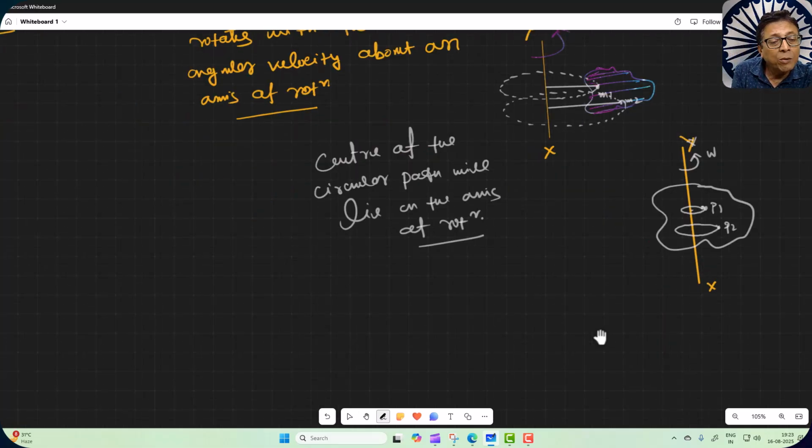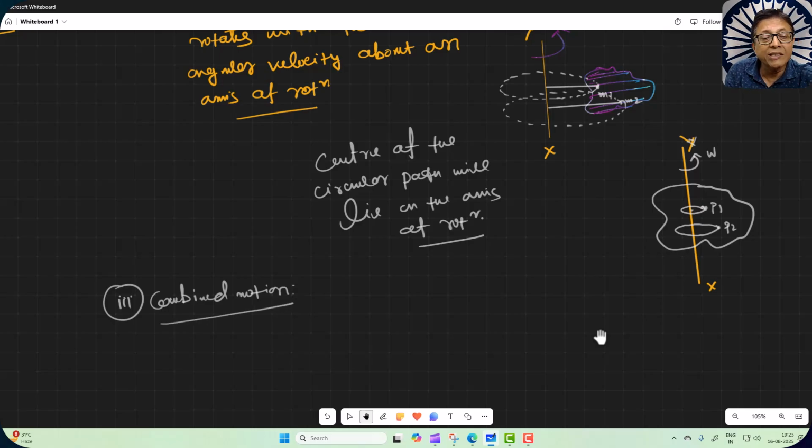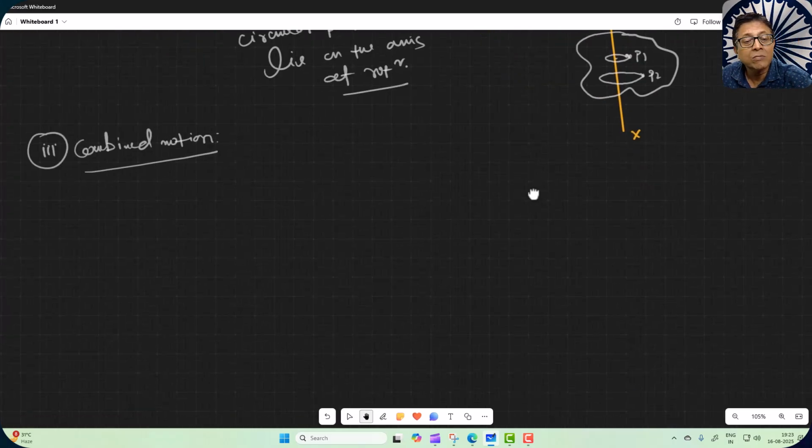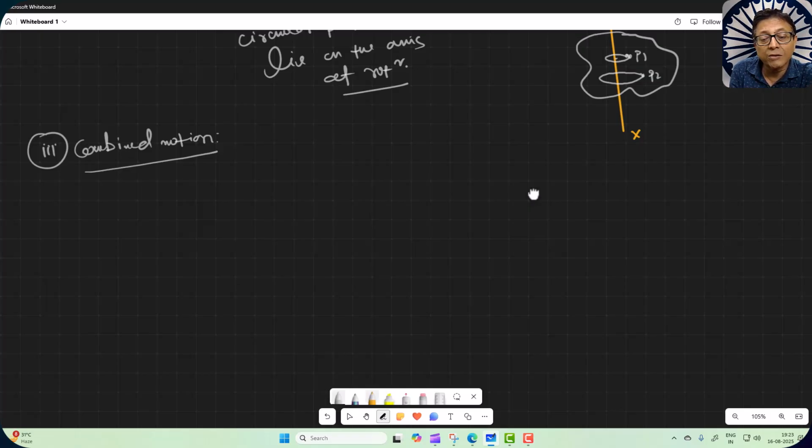The third type of motion is going to be combined motion, that is planar motion. Combined motion. What happens here? Suppose an object on a horizontal surface is rolling.